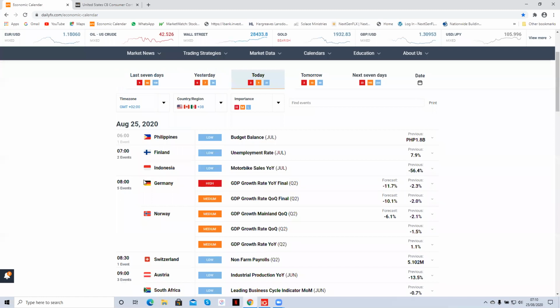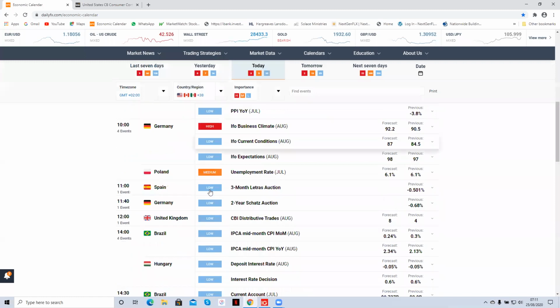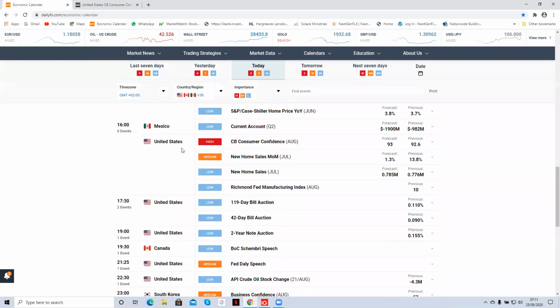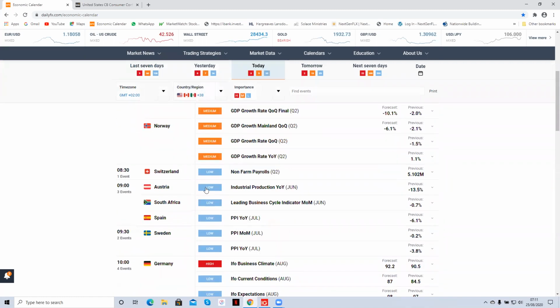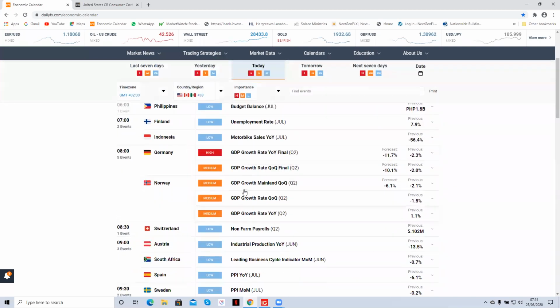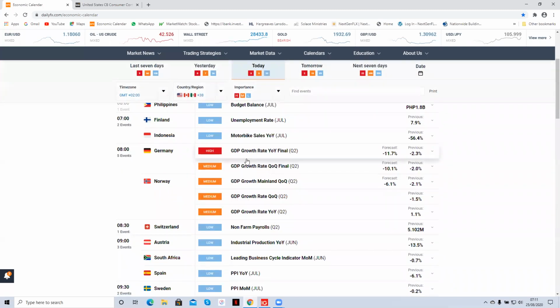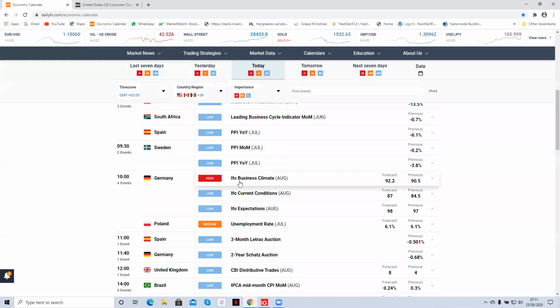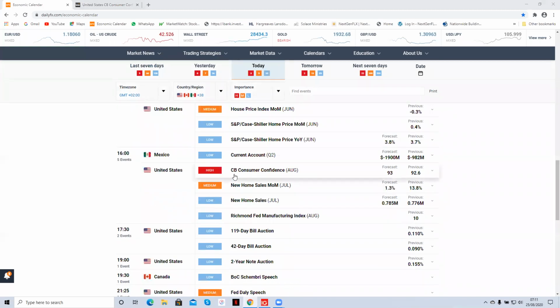But I will definitely place my pending orders just before this report comes out and attempt to trade around this time. So I will not be waiting till 4 p.m. before I trade, because this GDP report is of extremely high importance. It's more important than the business climate report and the Conference Board Consumer Confidence Report.